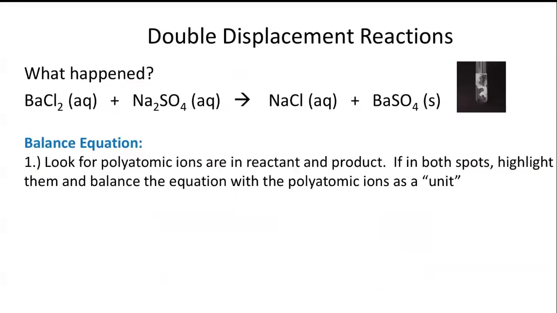Okay, so let's look at another double displacement reaction. So I have barium, and I started off with chlorine. There's chlorine on the other side. Sodium, I have 2 of them because of the subscript. Sodium, I have 1. And sulfate, whole unit, sulfate.